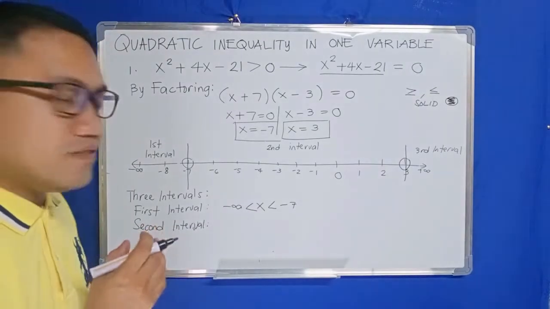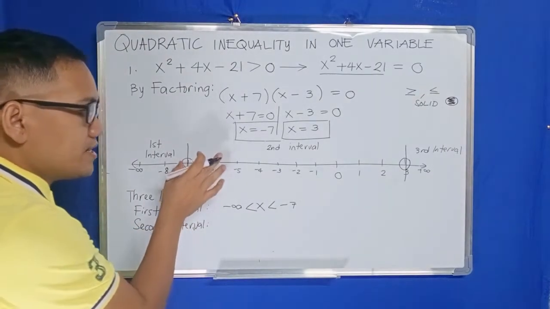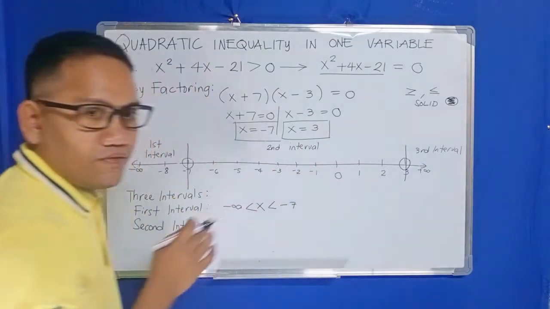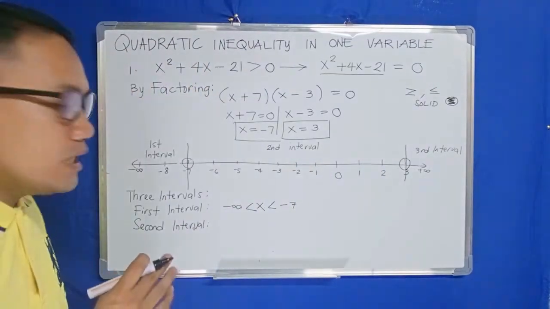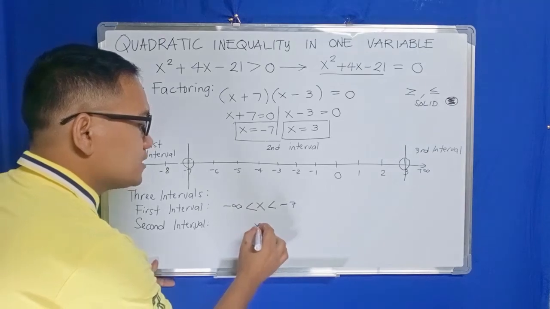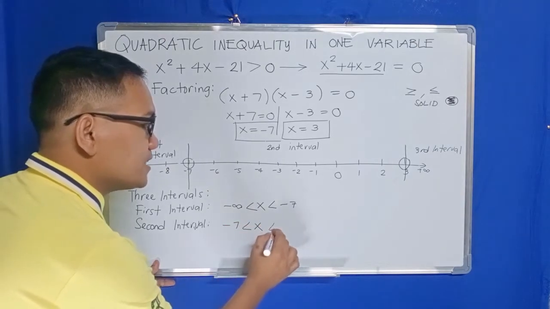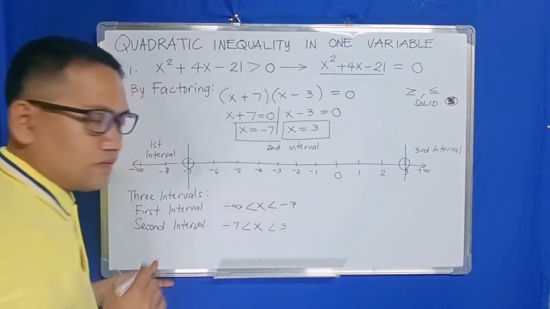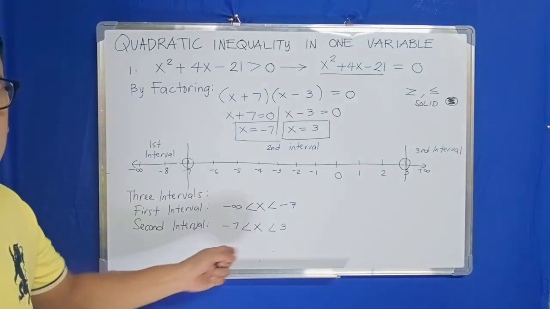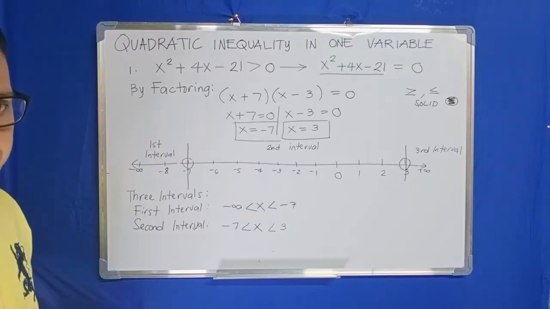For our second interval, these are the points between negative 7 and positive 3. So our compound inequality will be x is greater than negative 7 but less than positive 3. So this would be our second compound inequality.